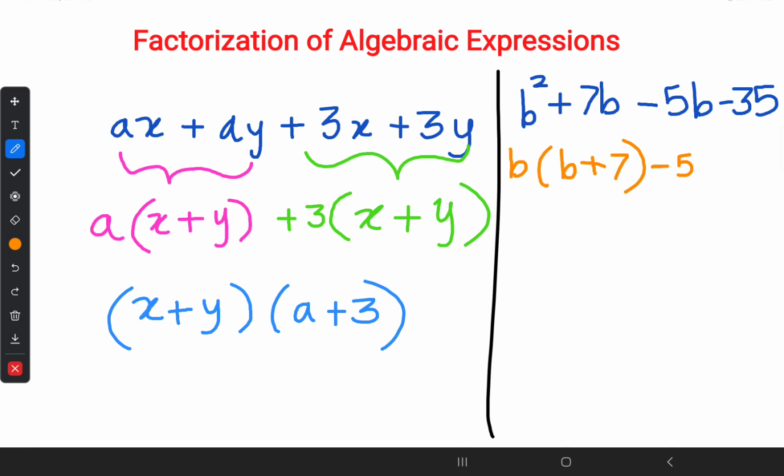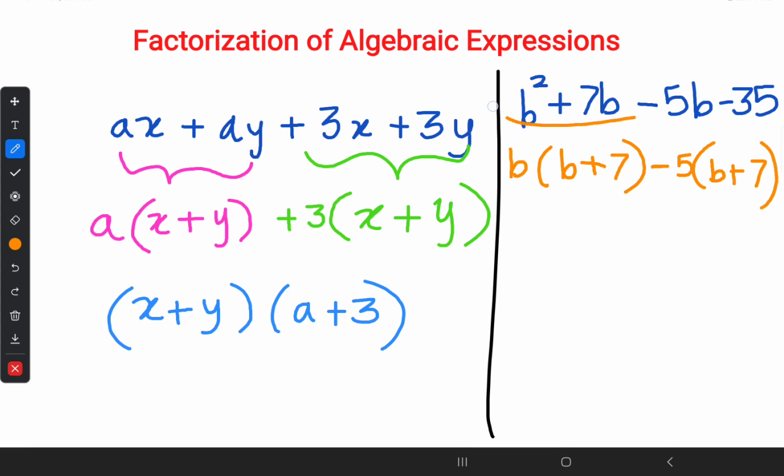Then negative 5b divided by negative 5 is b. Now think about it: 35 divided by 5 is 7, and negative divided by negative is positive.